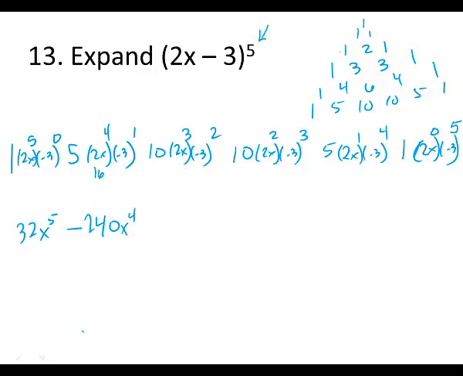Negative 240. All right, what is 2 cubed? 8. And then negative 3 squared is 9. So 8 times 9, 72 times 10 is 720x cubed.